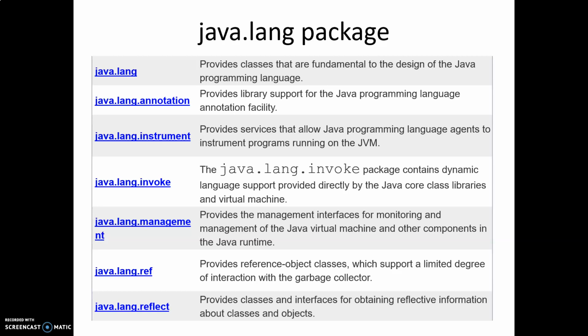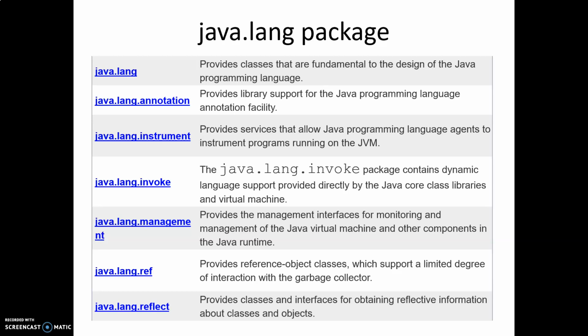Similarly, we have one more sub package called invoke, in which we make use of the dynamic language support provided by the Java core class libraries and the virtual machine. So this is nothing but providing extra classes which are present in the core libraries of Java to support the virtual machine.